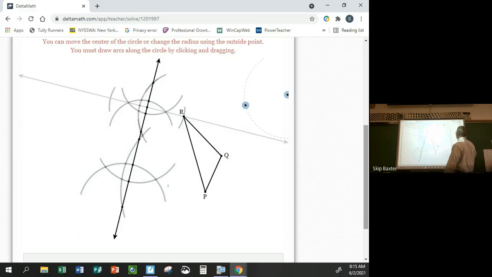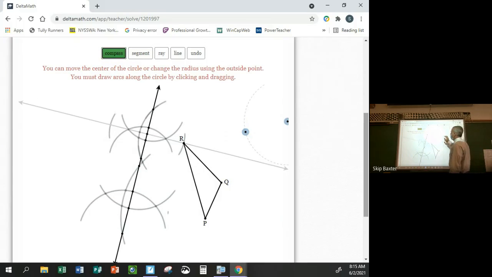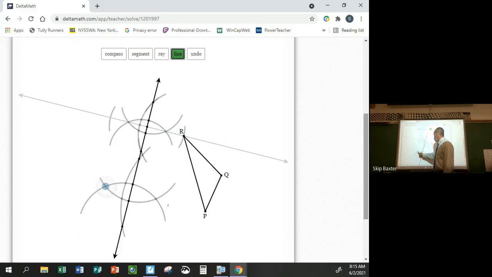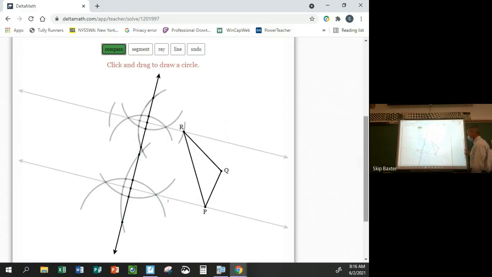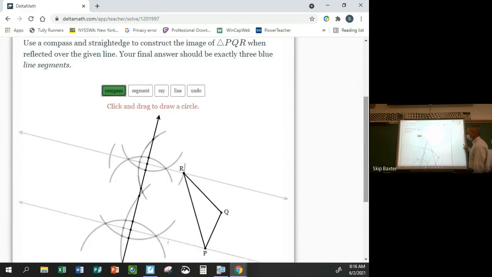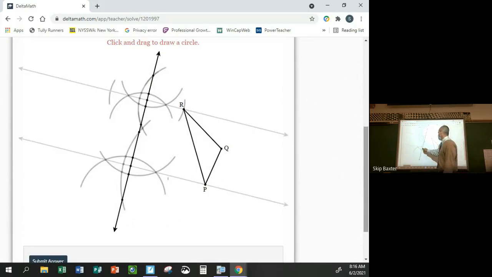Connect those dots. You can see that goes right through P. Copy the distance. Oh, good job.